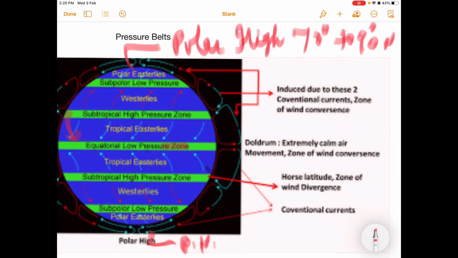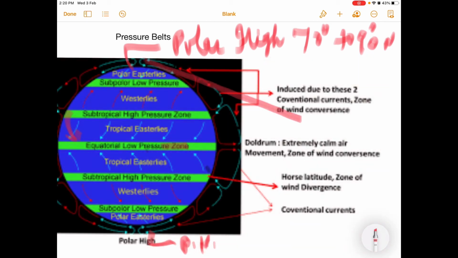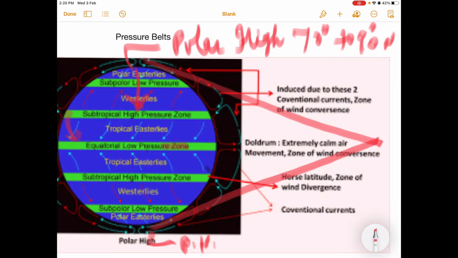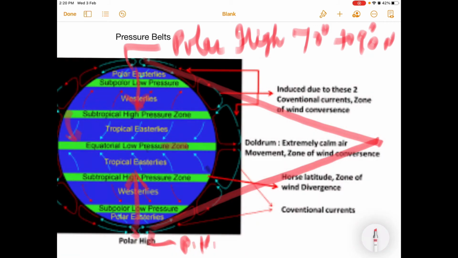So children, what happened here, the sun rays are inclined in both the hemispheres. As the sun rays are slanting here, the temperature is very low, it's very cold here. We all know cold air is dense and it sinks down. In the northern hemisphere, the air moves towards the south, and in the southern hemisphere, the air moves towards the north.